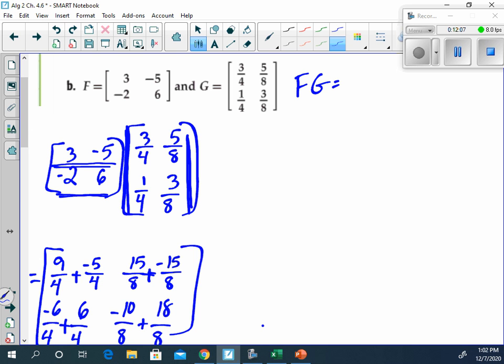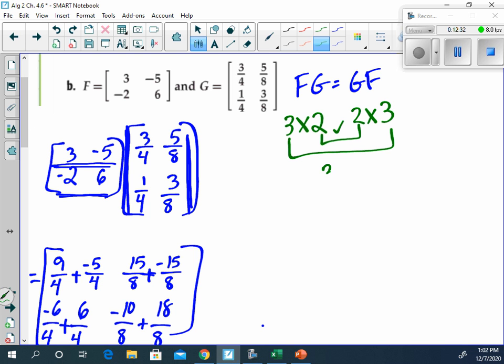And we talked about multiplication. Was f times g always the same as g times f? Well, no, not in matrix multiplication. Because if I have a 3 by 2 and a 2 by 3, these would multiply together, so that works, and I would end up with a 3 by 3.